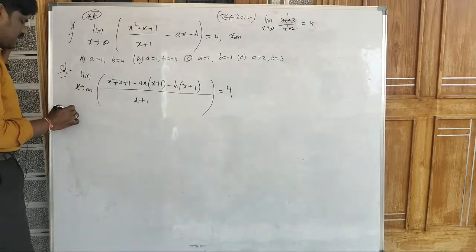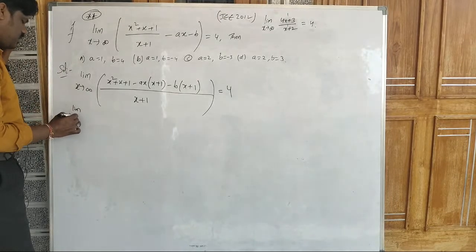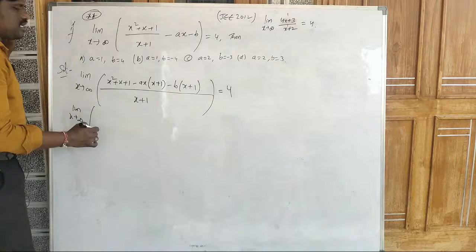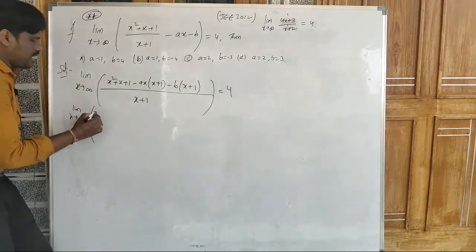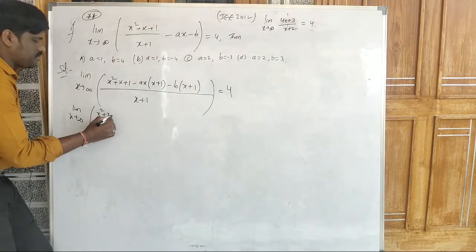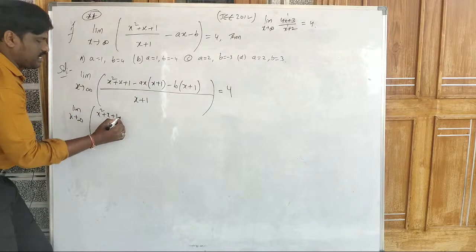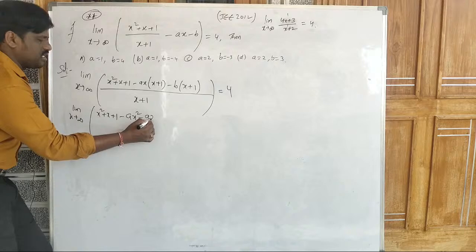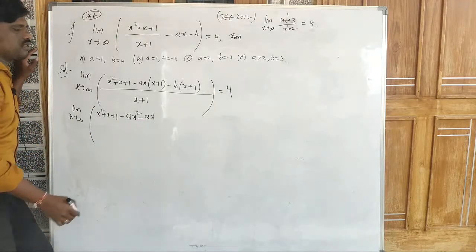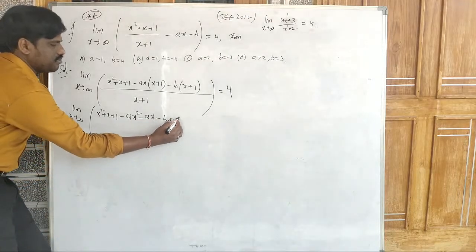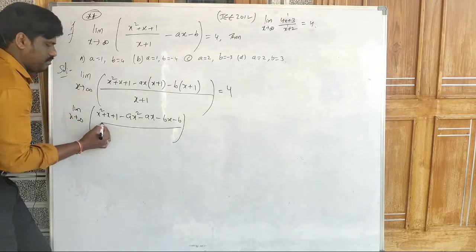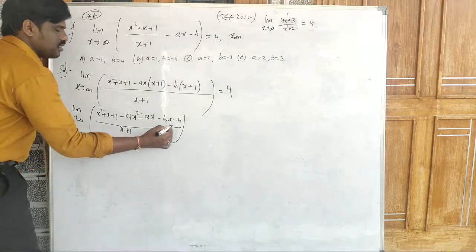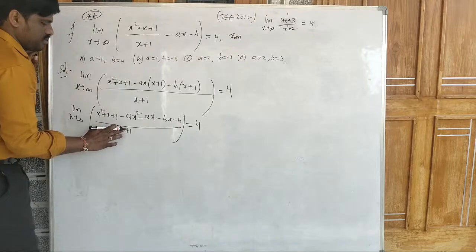So what I get here, limit x extending to infinity, x square plus x plus 1 minus a into x square, ax square minus ax minus bx minus b, divided by x plus 1 is equal to 4.